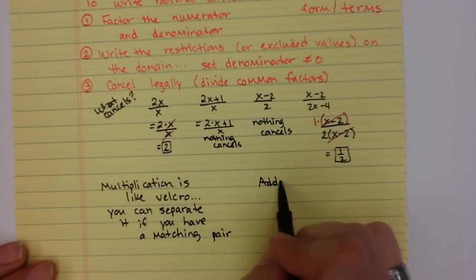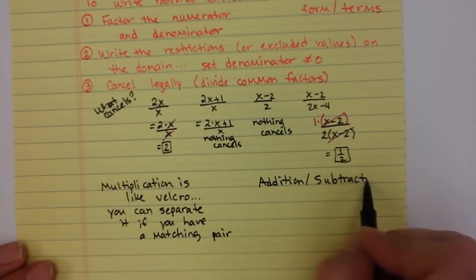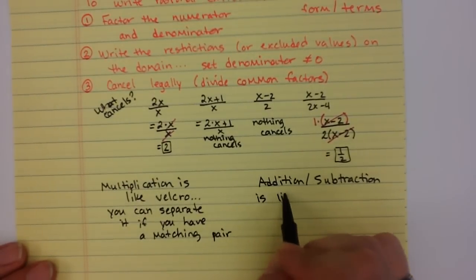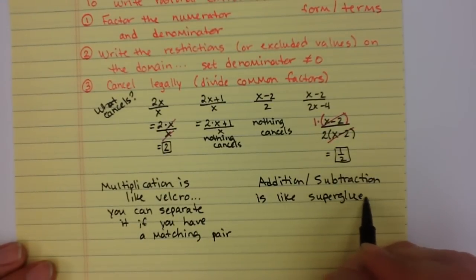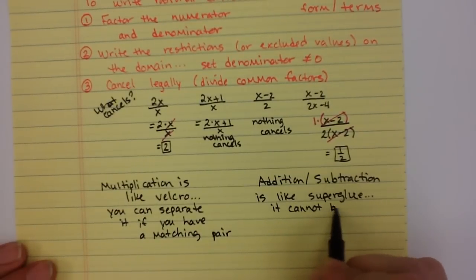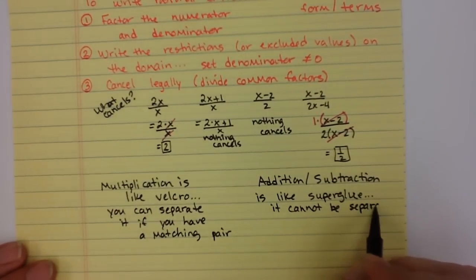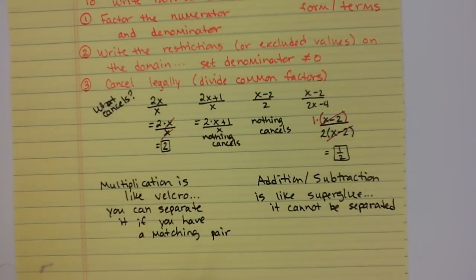But addition and subtraction is more like super glue. And those terms cannot be separated. So we can't cancel if we have addition or subtraction, but if we have multiplication, we can. And you'll see plenty more examples of what cancels as we go through the next examples.